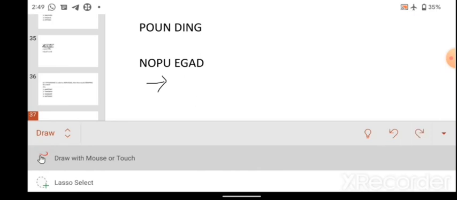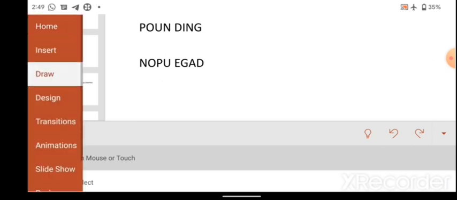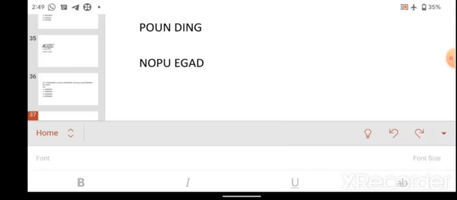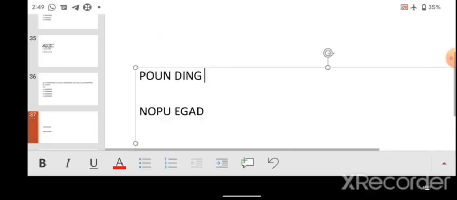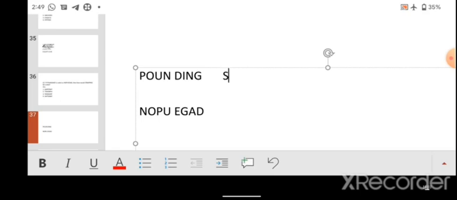So in our question, what is asked? It is asked stamping. STAMPING. For stamping, what will be the alphabetical order in STAM?